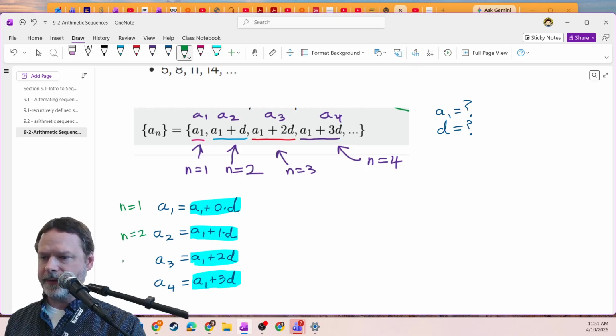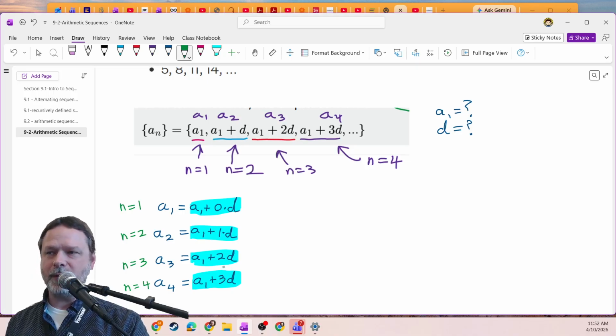If it's a sub 3, n equals 3. Here n equals 4. What's the relationship? Well, the a sub 1 is always the same. The only thing changing is the second part, 0d, 1d, 2d, 3d. How do you go from 1 to 0? How do you go from 2 to 1? 3 to 2? 4 to 3? That's easy. It's just one less.